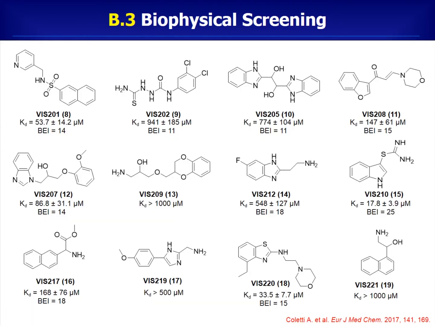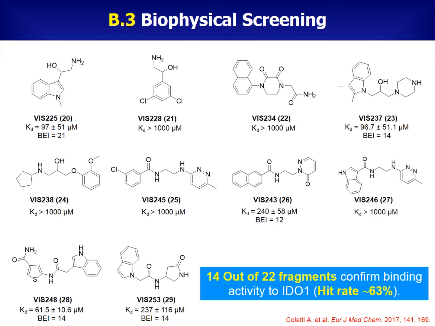In the next slides, we show you the structures of molecules tested in MST screening, where 14 compounds proved to be able to bind with different potencies.